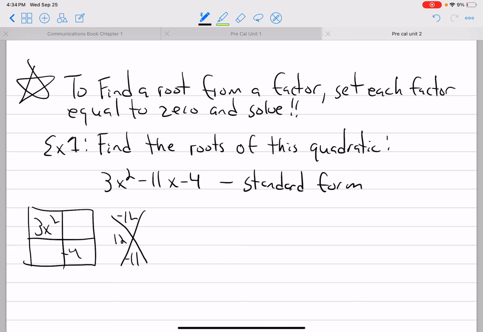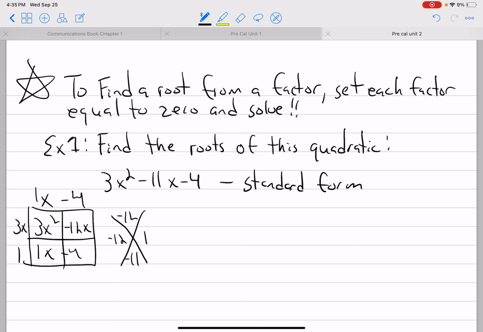That's going to be 12 times 1. The 12 is negative. Negative 12 times 1 is negative 12. Negative 12 plus 1 is negative 11. Cool. We got negative 12x here, 1x here. We got 3x here, x here. We have 1 here, and we have negative 4 here.